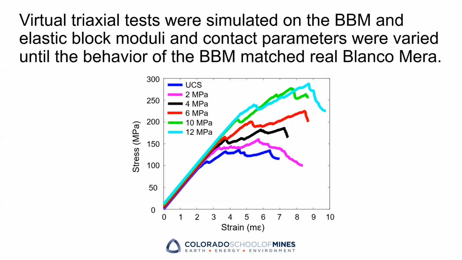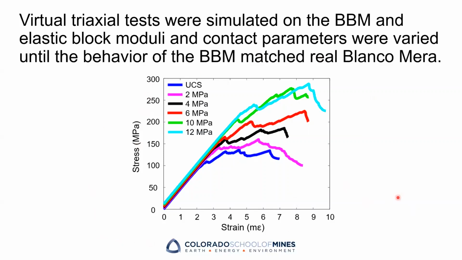Each mineral group has a unique set of block moduli, and each contact type has a unique set of parameters as well. So during the calibration process, a UCS or triaxial test is simulated with a specific set of input parameters, and the stress strain behavior is plotted, like it's shown in this graph here.